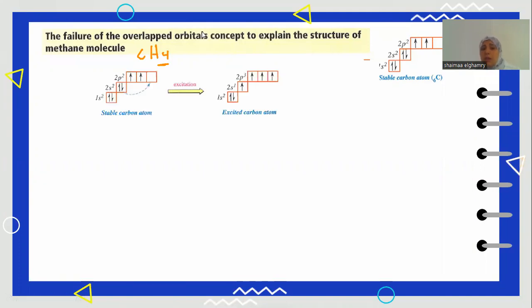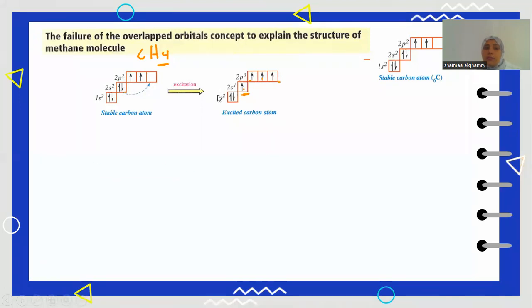So they started to think about the excitation, or the transfer of 1 electron from 2s2 to 2p. So now we have 4 half-filled orbitals, but they are not equal in energy, because the orbital in 2s has different energy than the orbitals of the p sublevel.